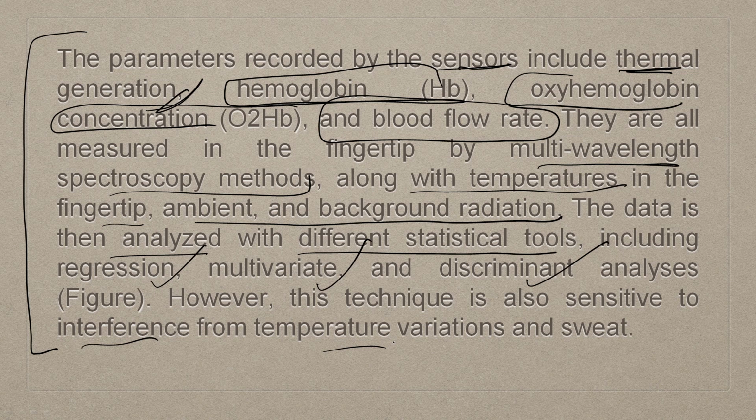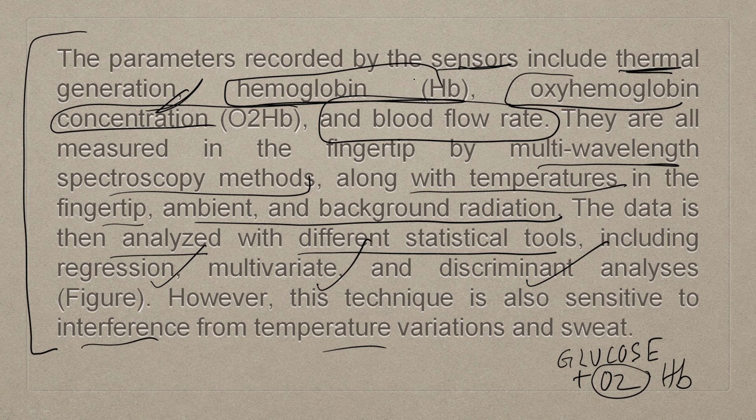Before I get to the figure, there is one more parameter which got added, you must have realized. So, I told you that glucose plus oxygen. So, when you talk about oxygen, the oxygen carrier is hemoglobin. So, what they are measuring is hemoglobin and oxyhemoglobin.